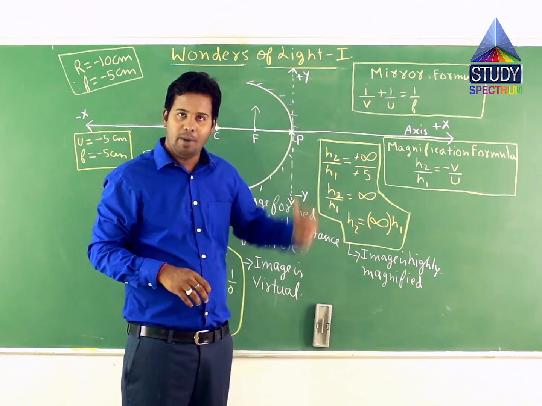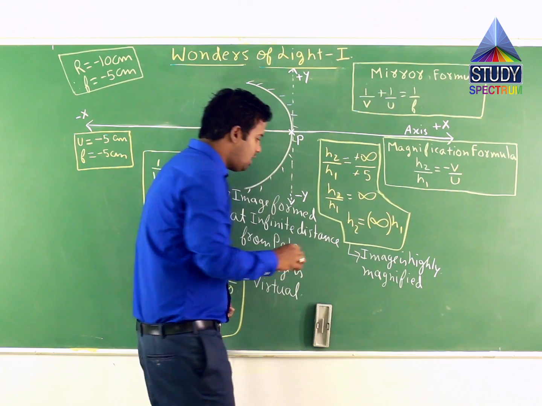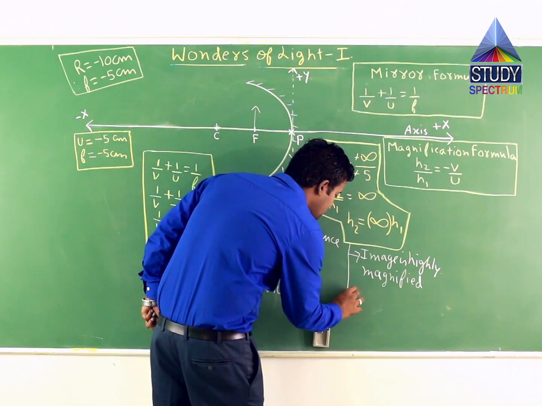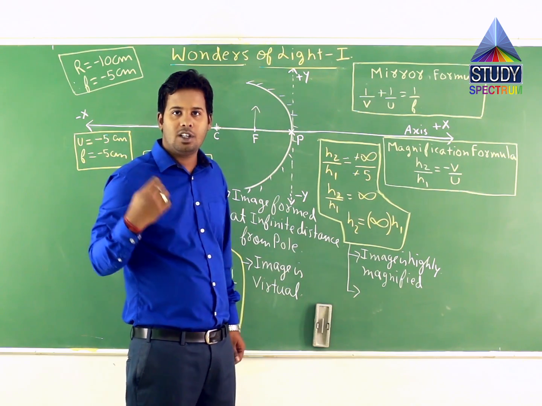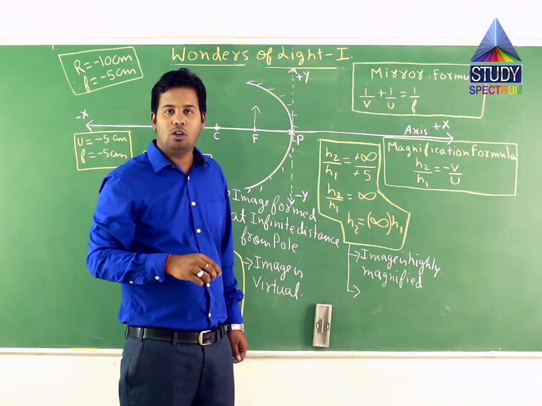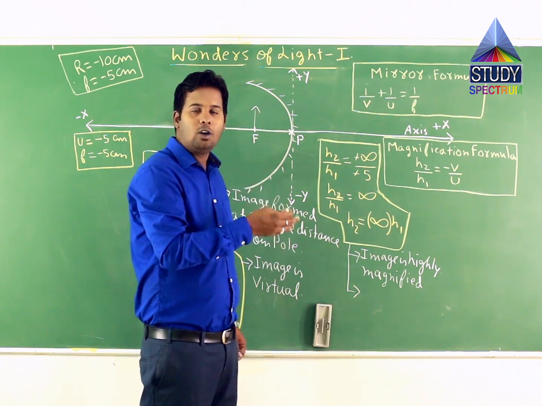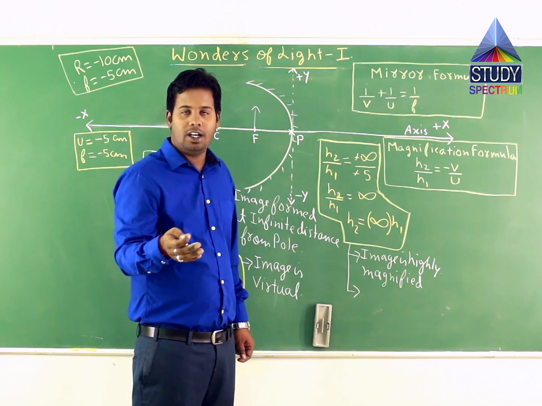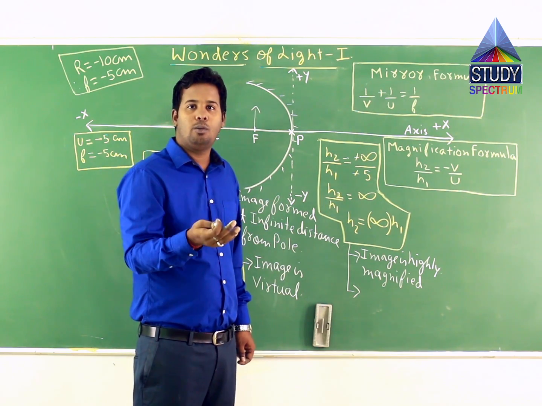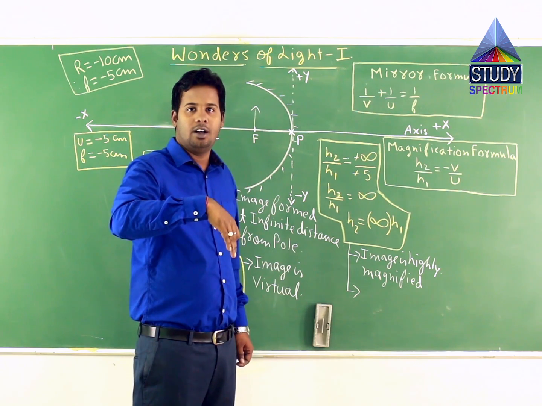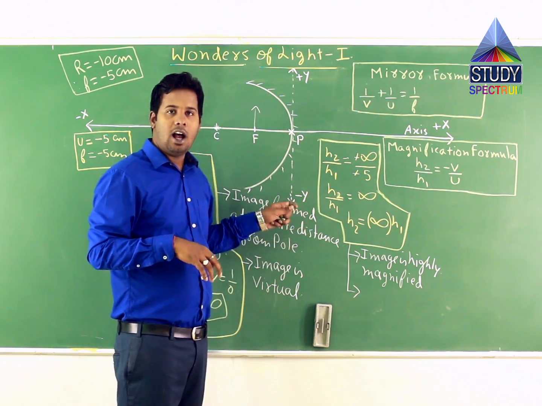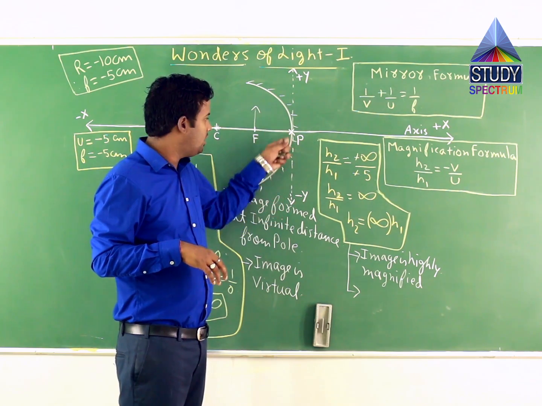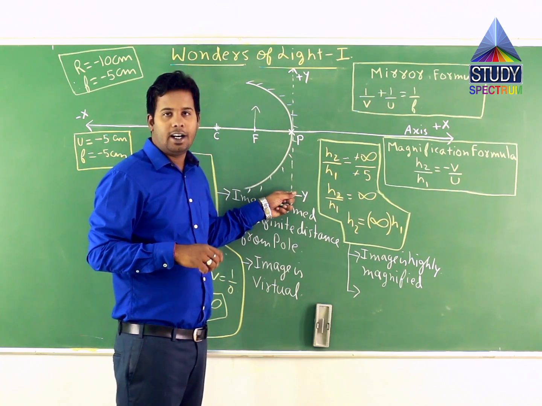It is highly magnified. The second result which we can write is, since this value is coming out to be positive and not negative. If you recall, we have seen in different cases before also, if the value of height of image comes out to be positive, it is erect. If it comes out to be negative, it is inverted. Why? Because height we calculate on y-axis, and if it is coming out to be negative, then it should be calculated on negative y-axis.